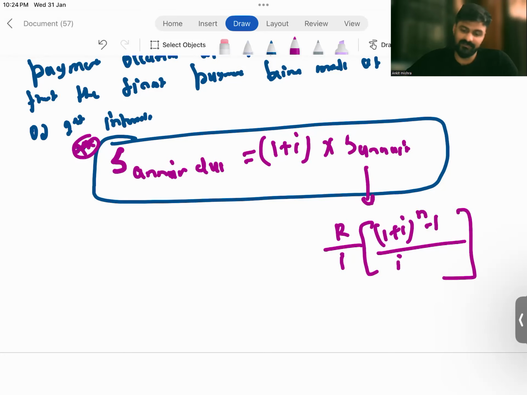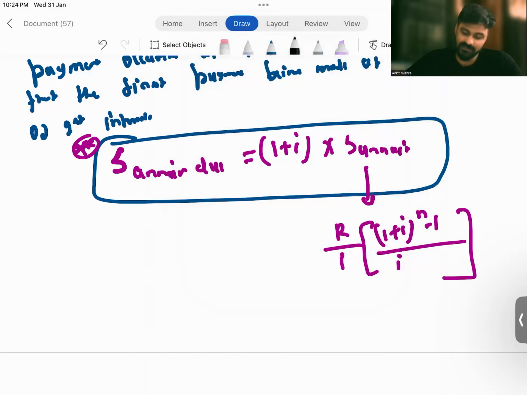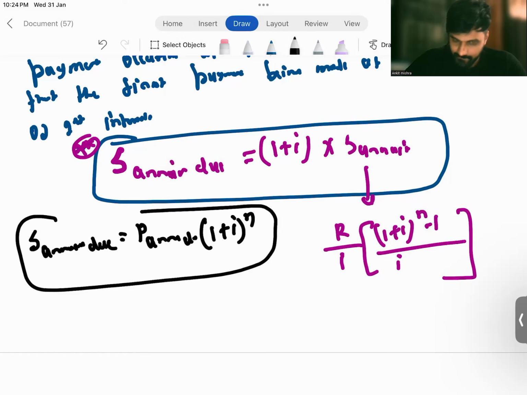In case this is just a future value, and if they ask you to calculate the present value of annuity due also, this formula can be directly written, right?